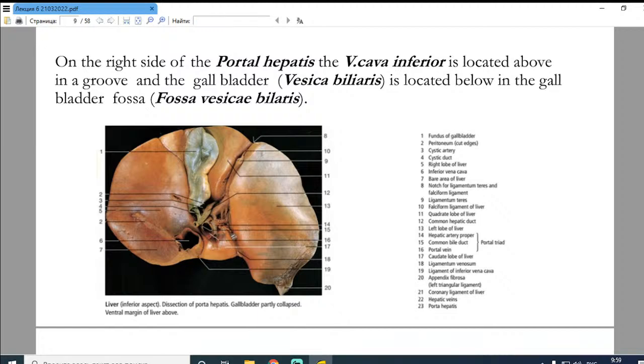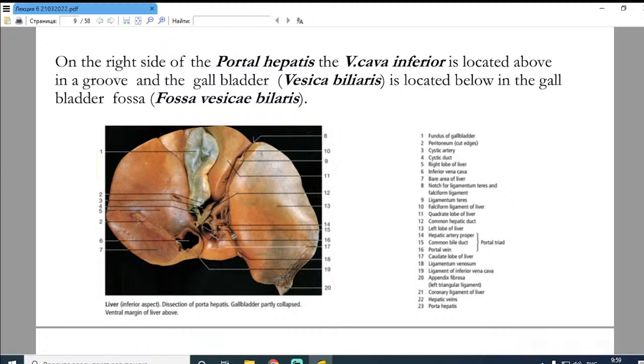In the fossa of the vesica biliaris is located the gallbladder, and the vena cava inferior. Porta hepatis.